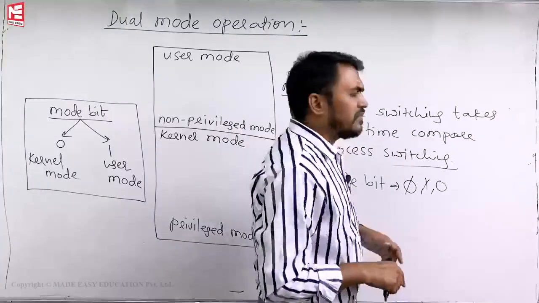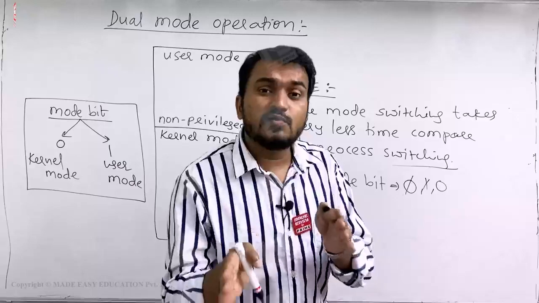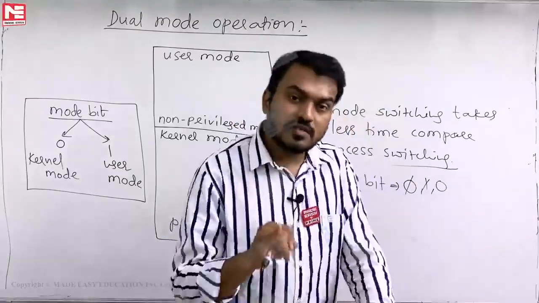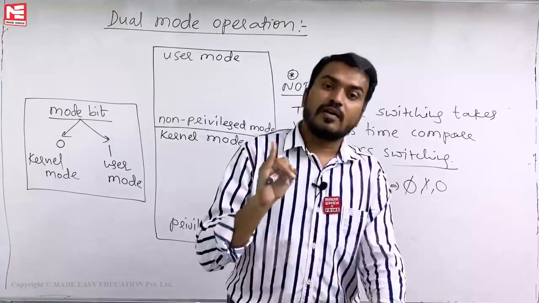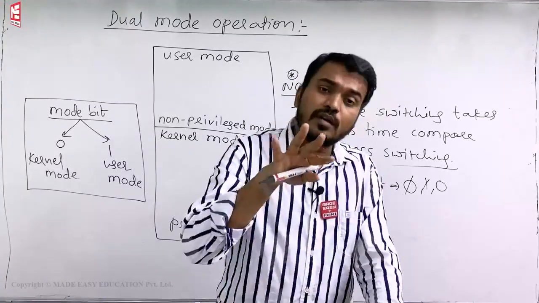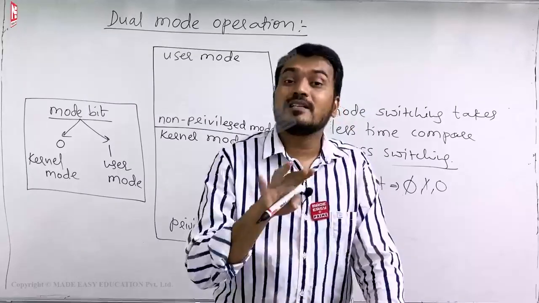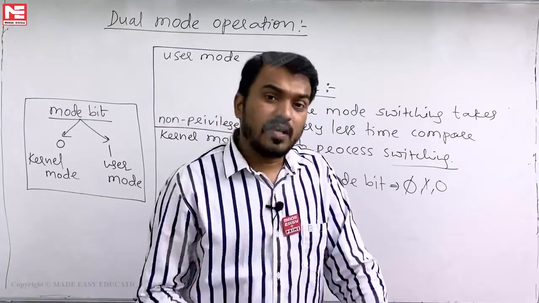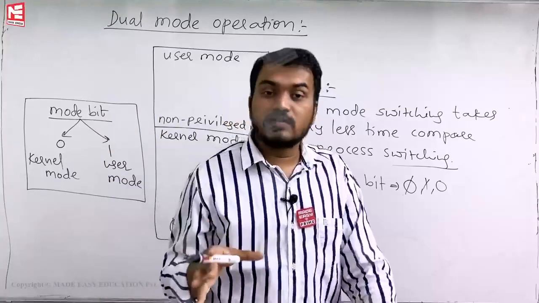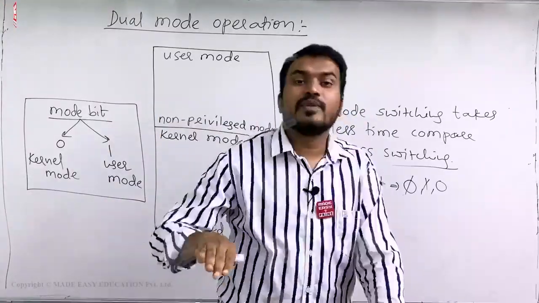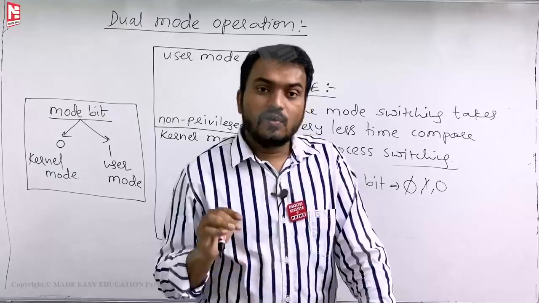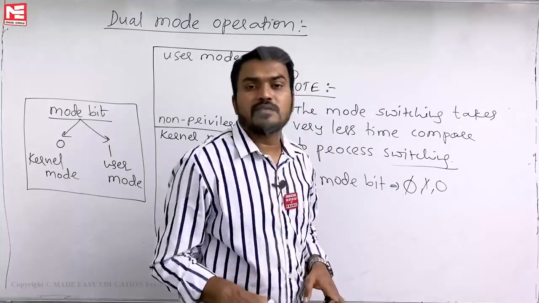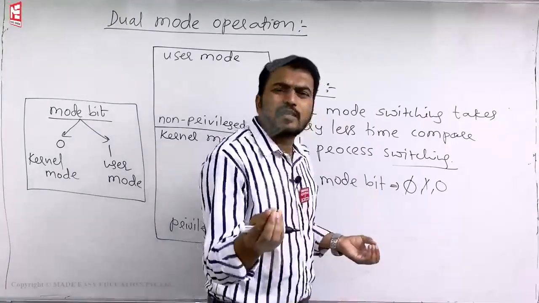If you observe process switching, what happens? You are switching between two processes P1 and P2. Then you need to update the program counter, you need to update the process state. There are multiple attributes you need to update in the PCB for the switching of the two processes. So process switching takes a lot more time because many attributes have to be updated. In mode switching you just update only the mode bit.